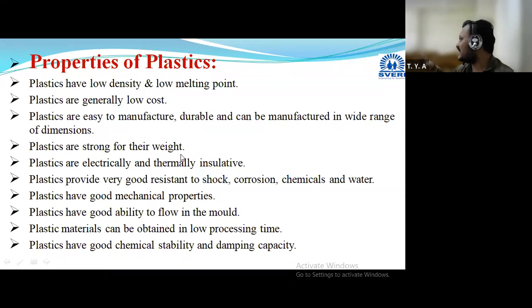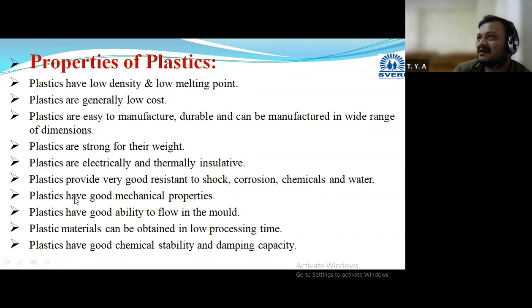If you take a chair, it can easily carry a weight of 80 kg to 100 kg. Compared to its weight, it has very high load carrying capacity. Though it is lighter in weight, it can carry larger loads.